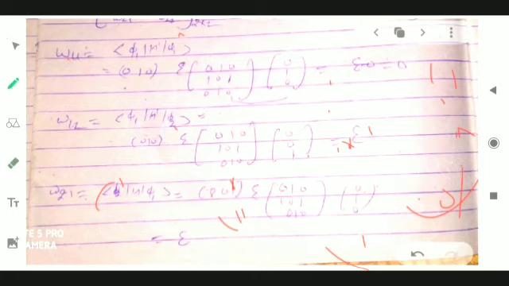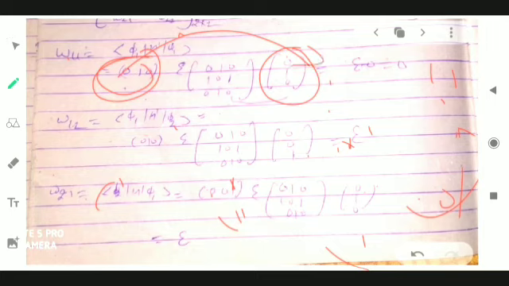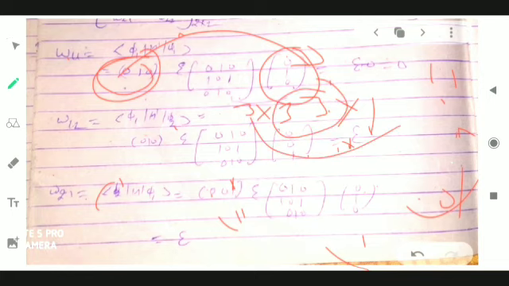To solve, I will write it in this order, 0 1 0 and the transpose of this. We can multiply by the matrix multiplication rule, because this is a 3 cross 3 matrix and this is a 3 cross 1 matrix, and if the orders match, then we can find the solution.